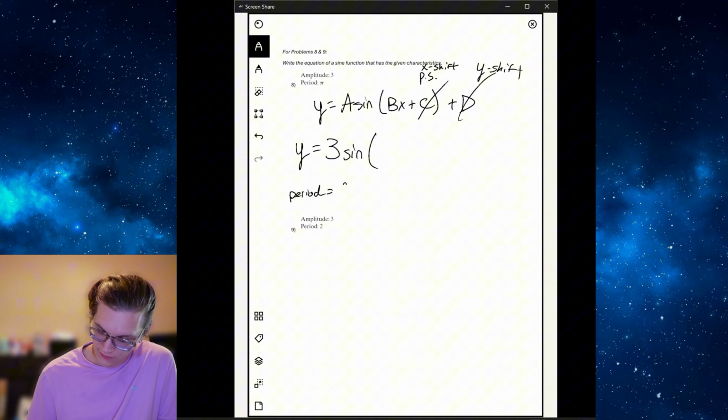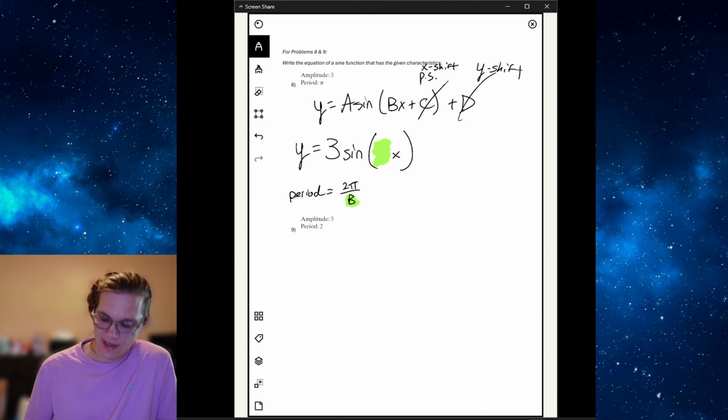Period is, of course, 2 pi over B. So what is my B that I'm going to put in front of the x here? Well, we don't have B, we're going to have to solve for it. So period is 2 pi over B, and period is pi, right?